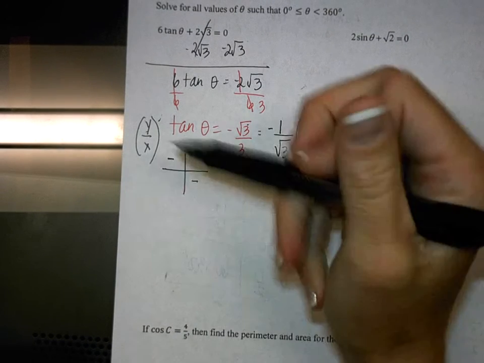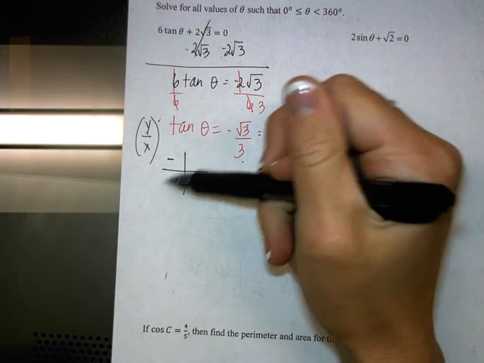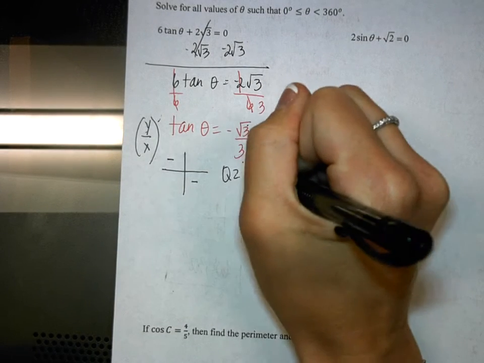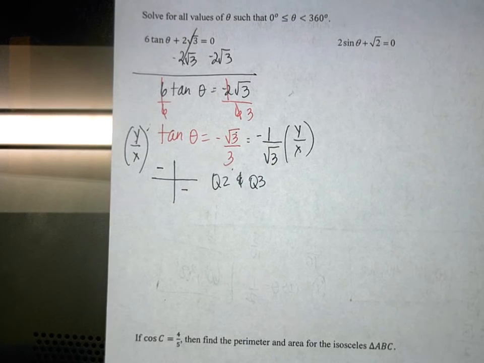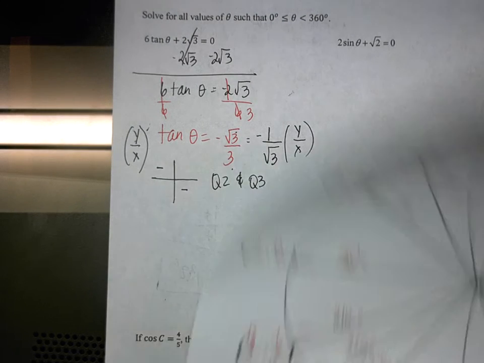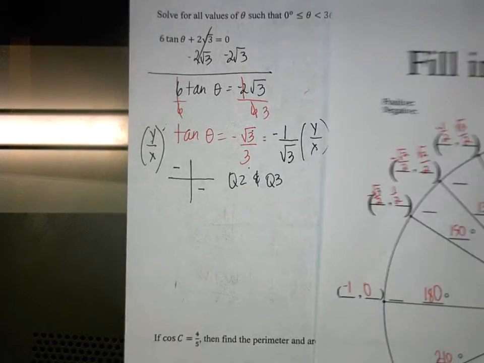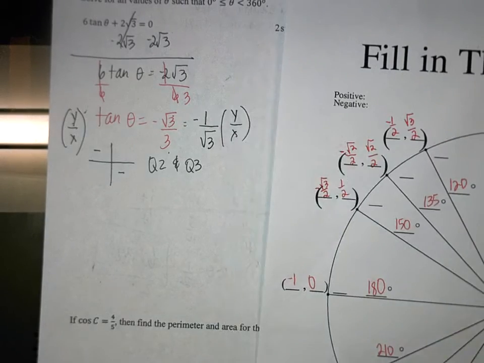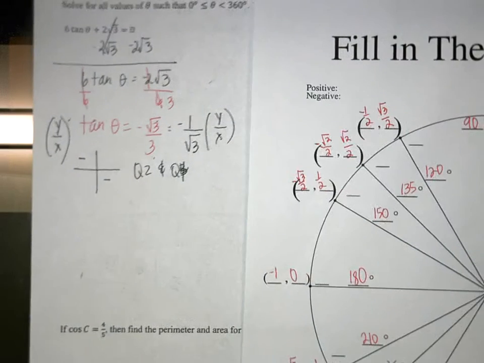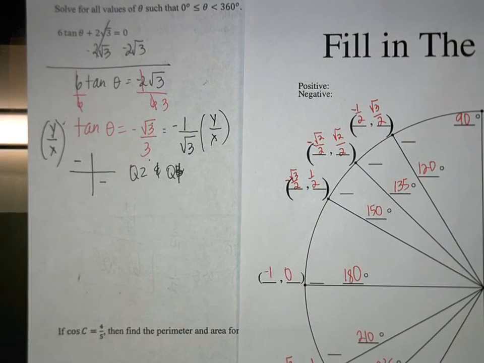This one is negative, negative, and that would make a positive. These 2 are positives, so those 2 are negatives. So we're looking in quadrants 2 and 4. Yes. Thank you. Okay. Where is y 1 and x root 3?